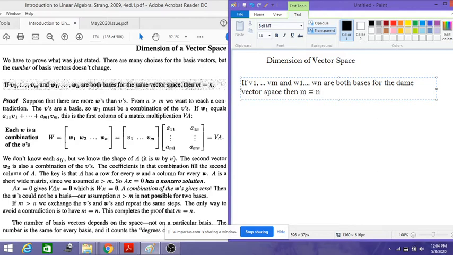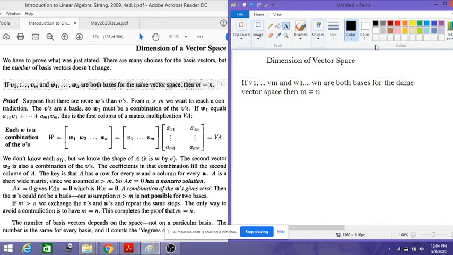Now to understand this, let us consider the case where we have more columns than rows, and each w is a combination of the vectors v.